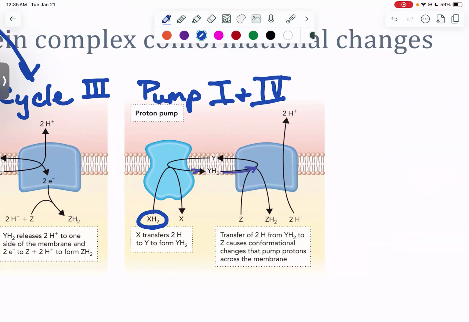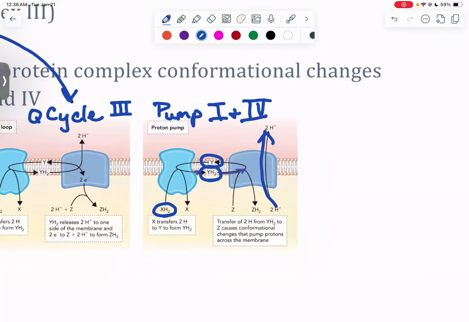So we have XH2 here, and it's going to transfer those two protons to this other carrier that's embedded in the membrane, right? And that is going to form a complex with those two protons, and at the same time also the electrons, and it's going to transfer them to the next complex. And at that next complex, because of that transfer, it's going to induce a conformational change, and then that conformational change is going to allow those two protons to be pumped. So it all depends on protein conformational change. The Q cycle is very different from that, but we'll talk about that in detail later.